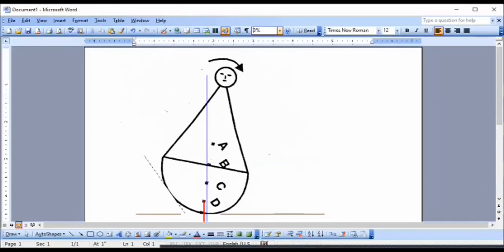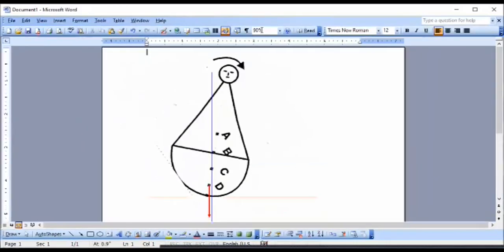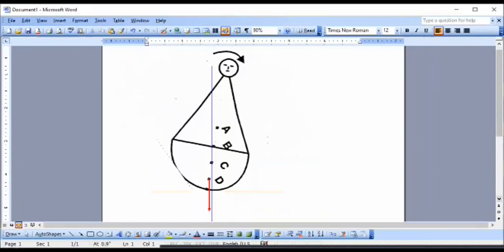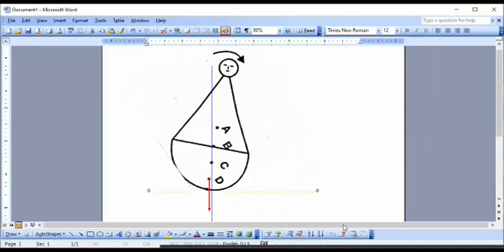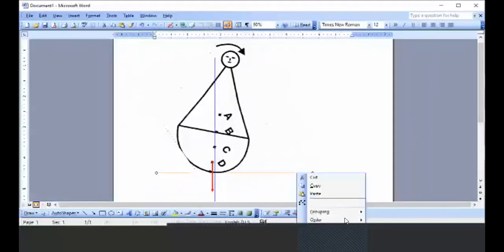So please write. Let us consider the following position. Full stop.